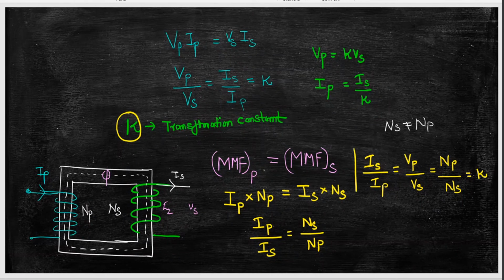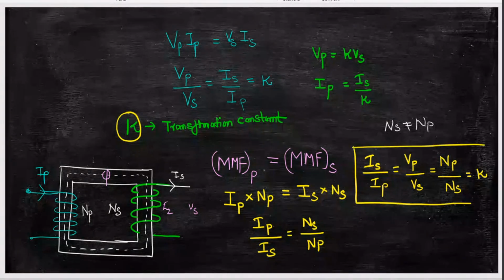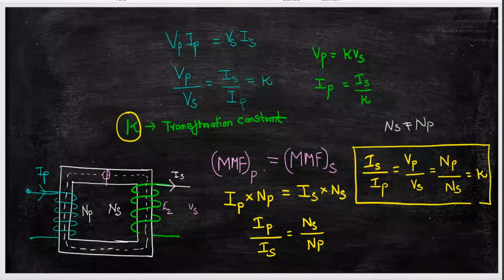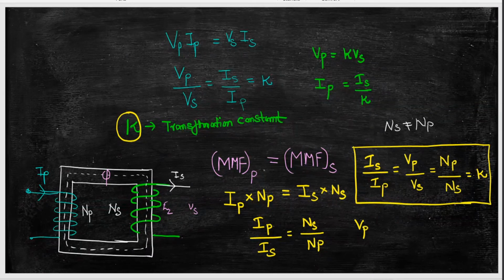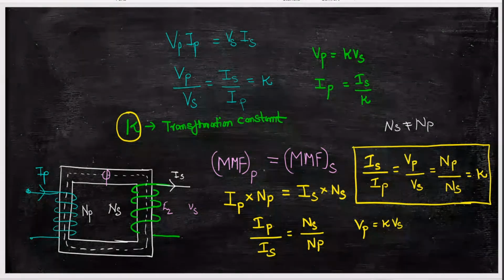Why did I call it a transformation constant? Suppose VP is equal to K times Vs. That means if you multiply the transformation constant with Vs, we are going to get the primary side quantity.